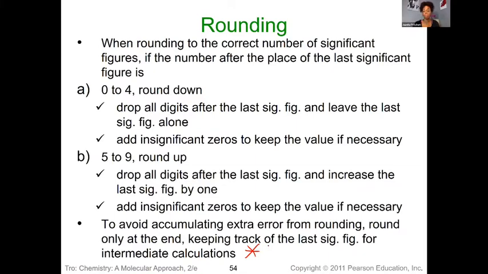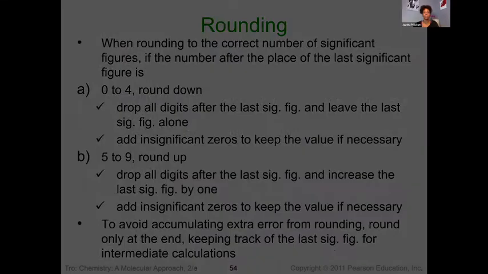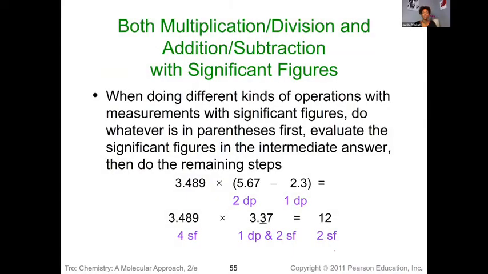And when you're dealing with mixed operations, we're going to use our Please Excuse My Dear Aunt Sally, or the order of operations, to help drive the steps that we should be following. You can see here in this example we have some mixed operations. The parentheses is what we would be focusing on first.